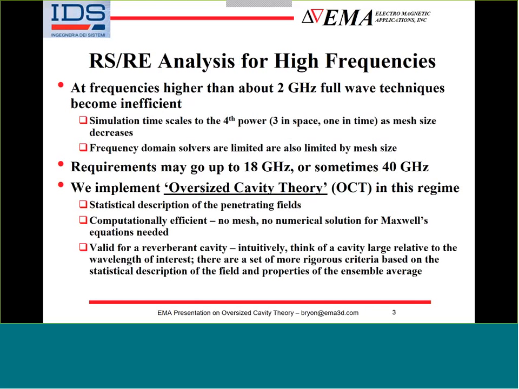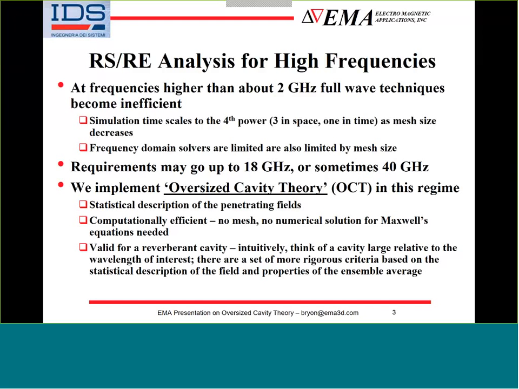So the basic context for this webinar, for this OCT, Oversized Cavity Theory, is looking at analysis at high frequencies. In this particular case, we were thinking of radiated susceptibilities, but you could also imagine this being a problem for high-intensity radiated fields as well.